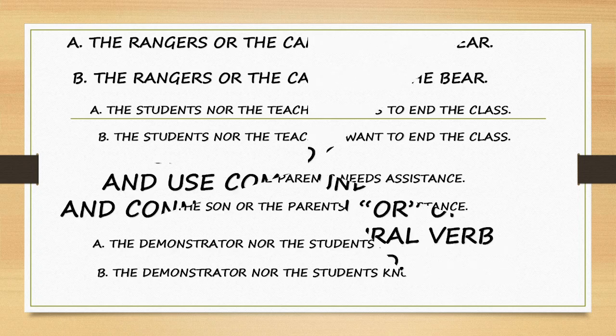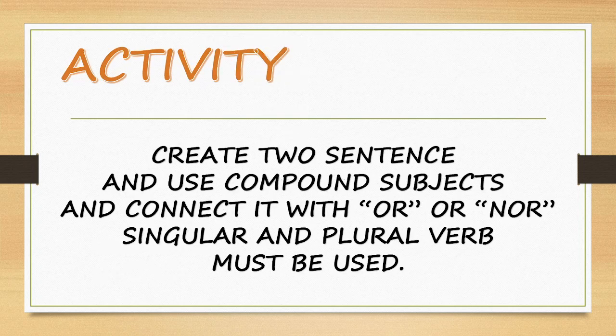Now let's proceed to our activity. In our activity, I want you to create two sentences that use compound subjects connected with or, nor. Singular and plural verbs must be used in your compound subject.